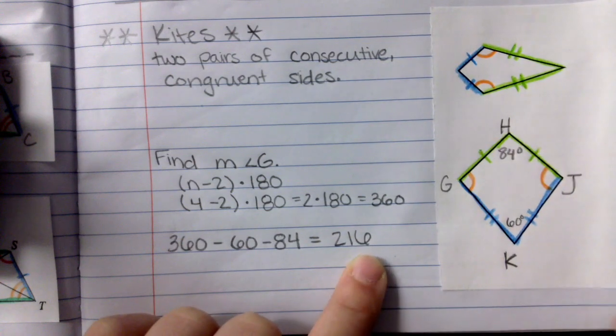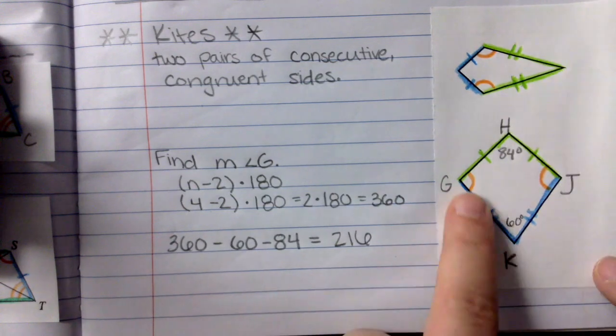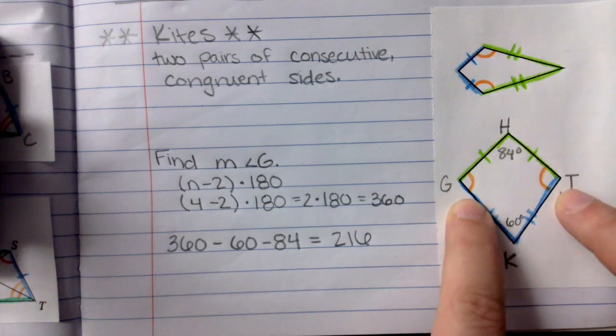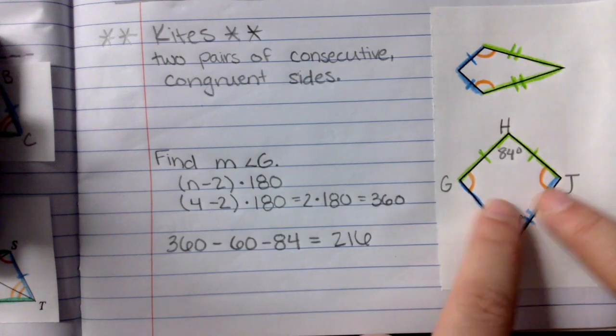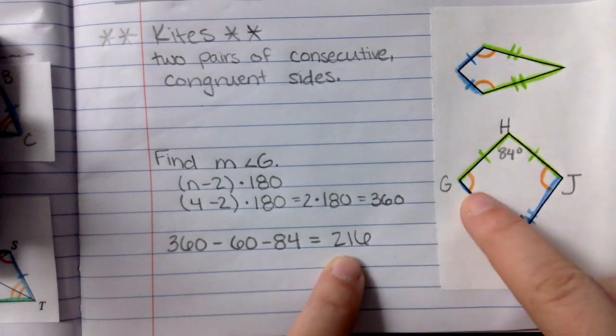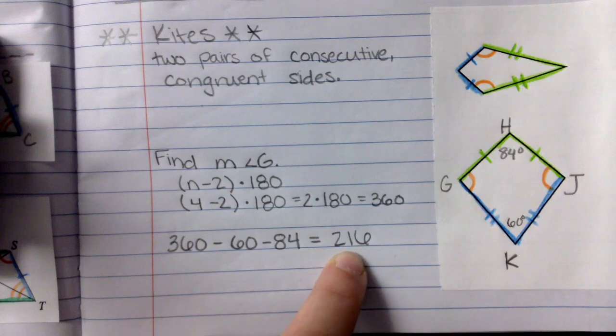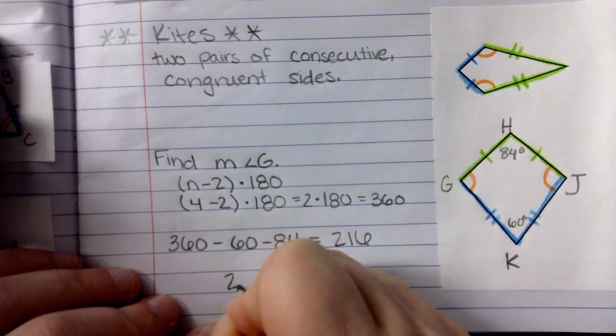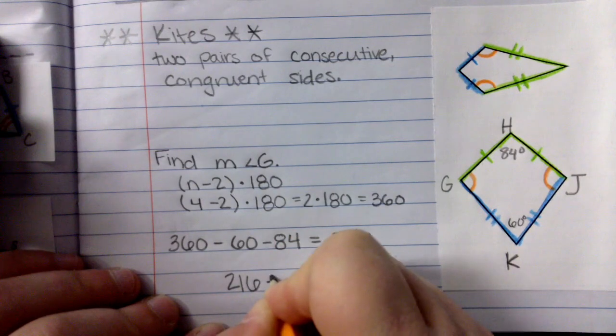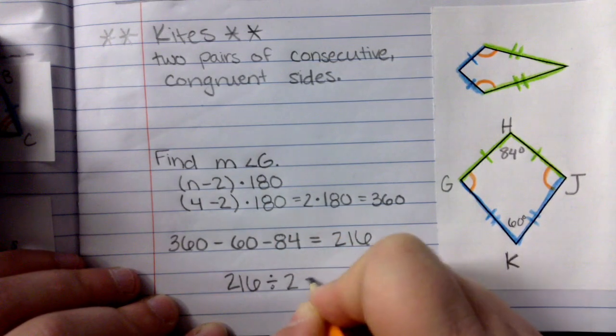So how can I figure out what they're equal to if I know together they're 216? Divide by what? 2. So 216 divided by 2 would give us 108. Yep. So the measure of angle G is 108 degrees.